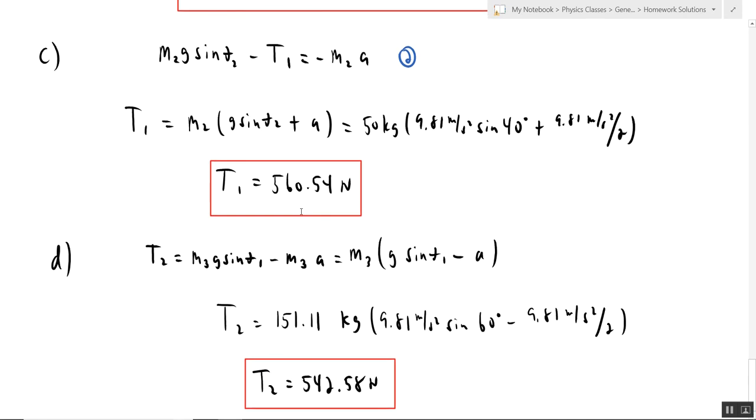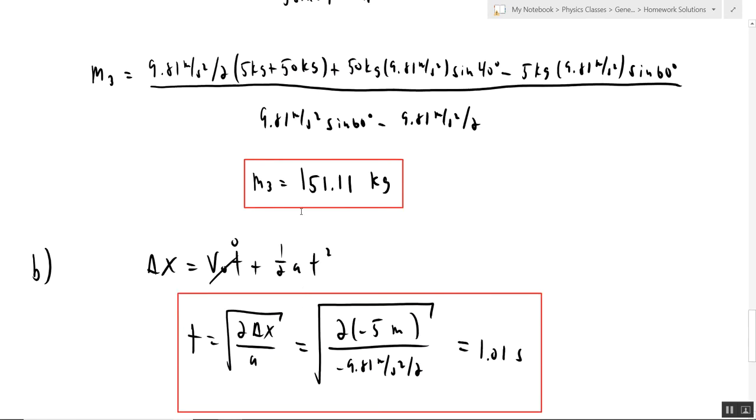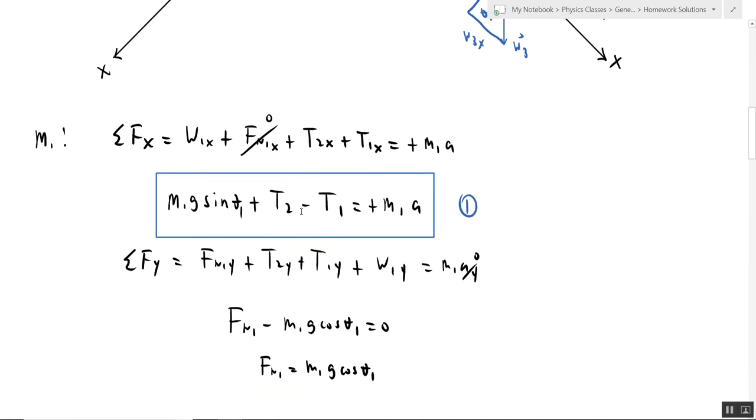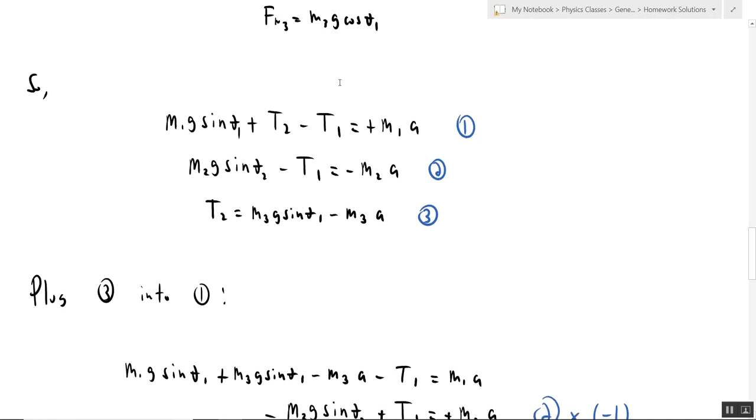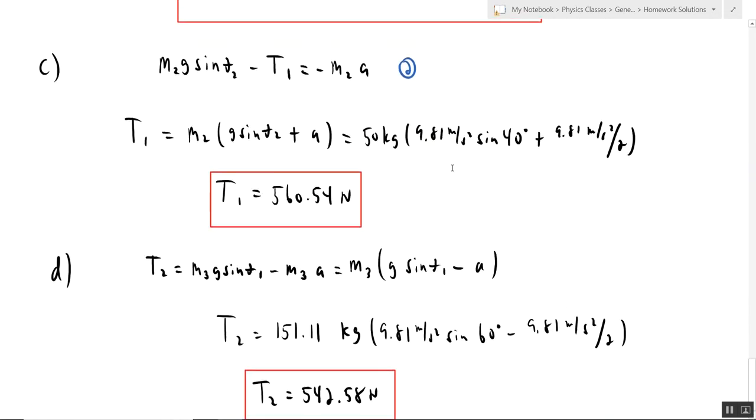And then if you want to find the tension in rope 2, there's more than one equation here. Once you know T1, you can use this equation to find T2. Pretty easy. You just solve for T2. You add T1 to both sides. Subtract M1g sine theta 1 from both sides.